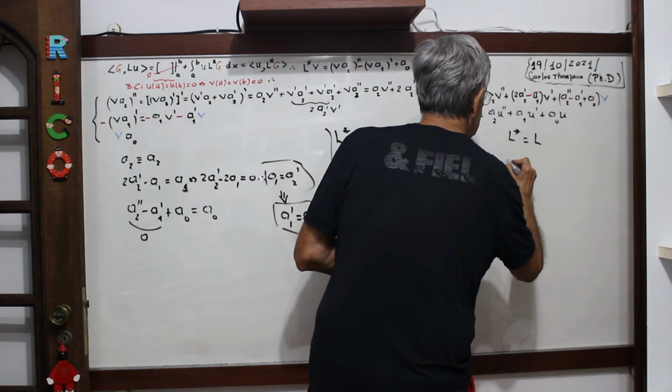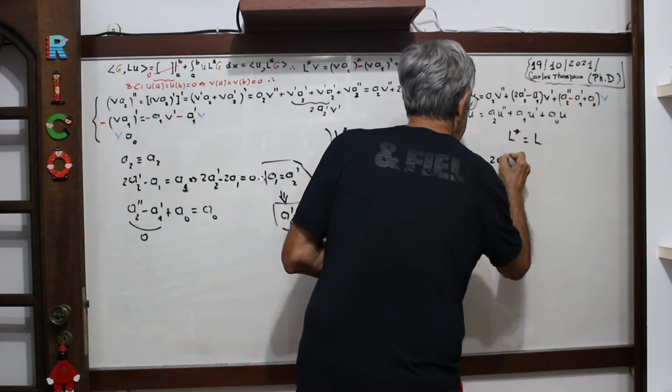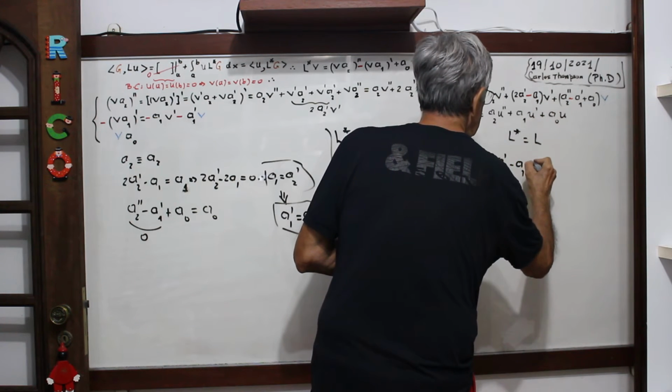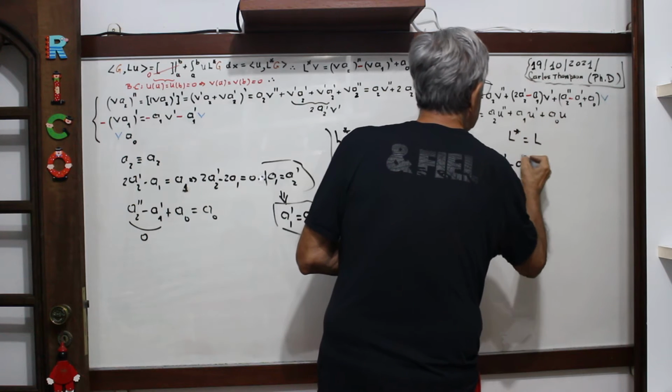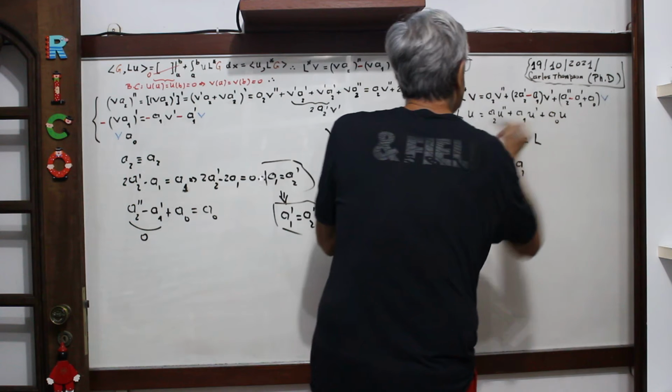Let's write down here 2A2 prime minus A1. How to change this?